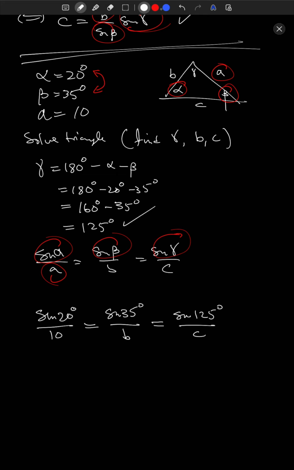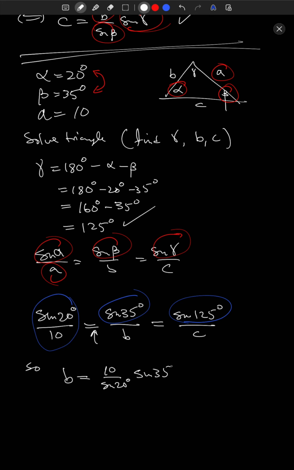Here you can literally see this one on the left is just a number. You can plug that into a calculator. Sine 35 degrees, just a number. Sine 125 degrees, just a number. And so B is equal to, using this equality right there, B is equal to 10 over sine 20 degrees times sine 35 degrees.